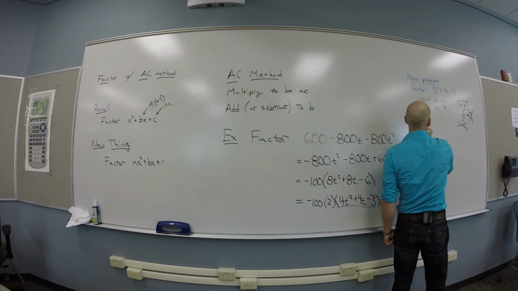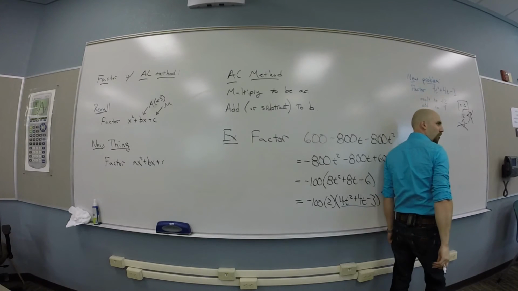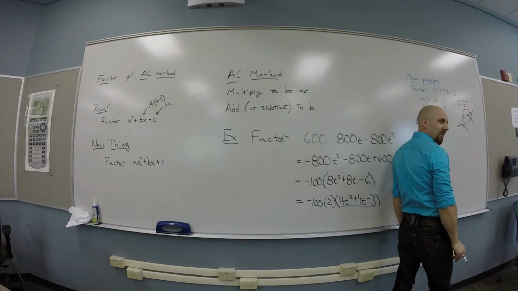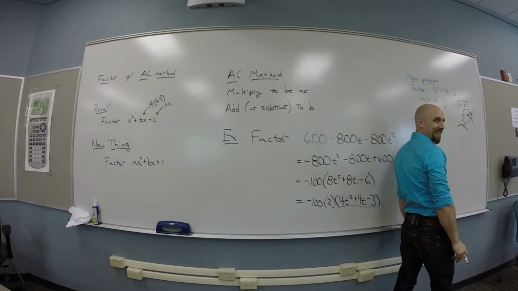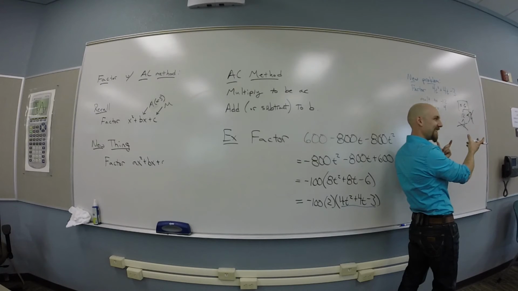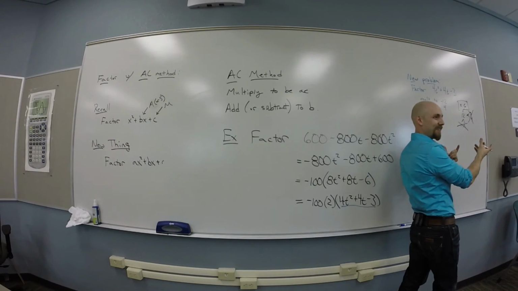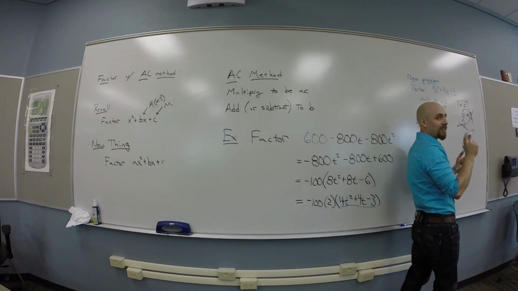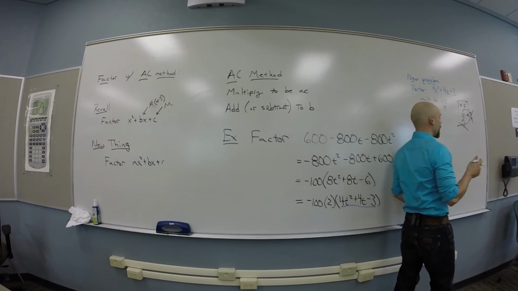So I need 4t squared. Does it matter which order they go in? It doesn't matter, because you're just FOILing back out anyway.